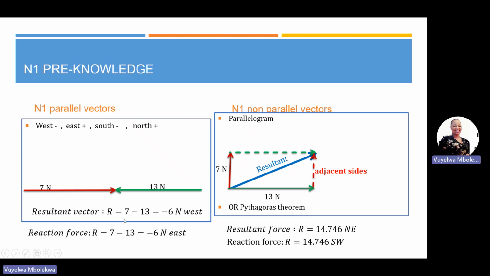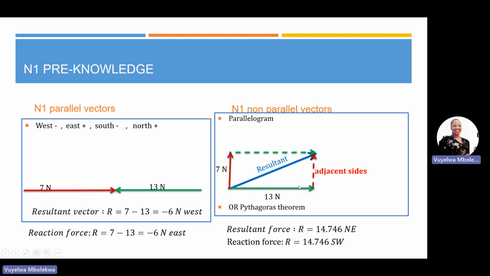So in N3, we're going to talk about the resultant force now, not the resultant vector, which is the same concept. And then, remember in N1, when we had non-parallel vectors, you couldn't just say north is positive and east is positive. You had to sketch a parallelogram. From that parallelogram, you had to sketch a diagonal. Then that diagonal was representing the resultant.